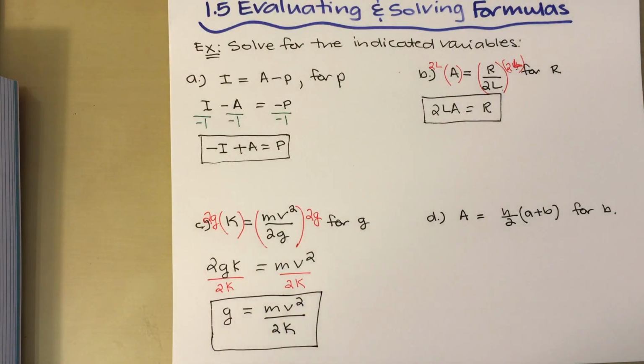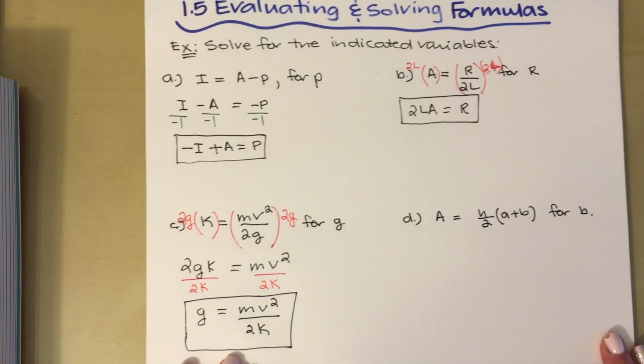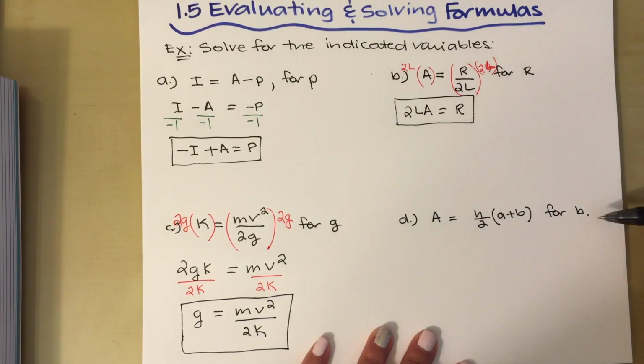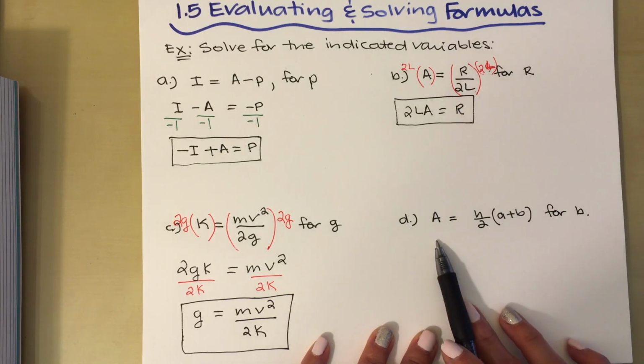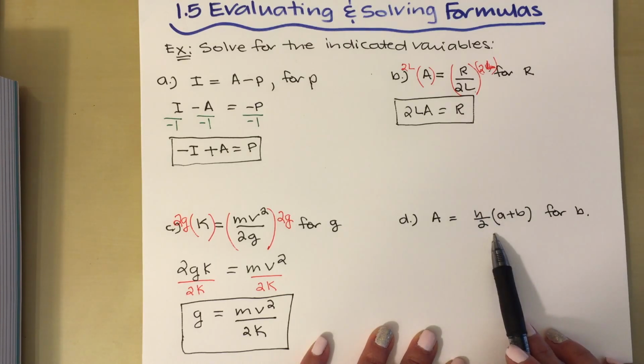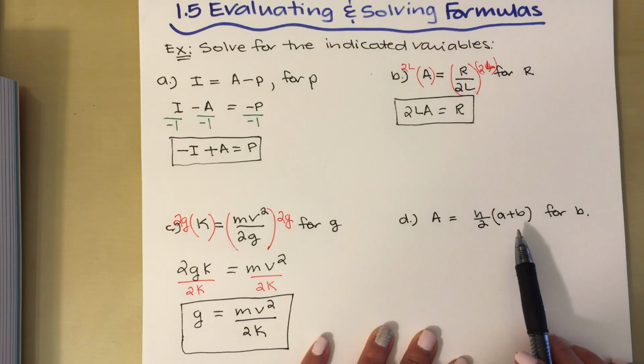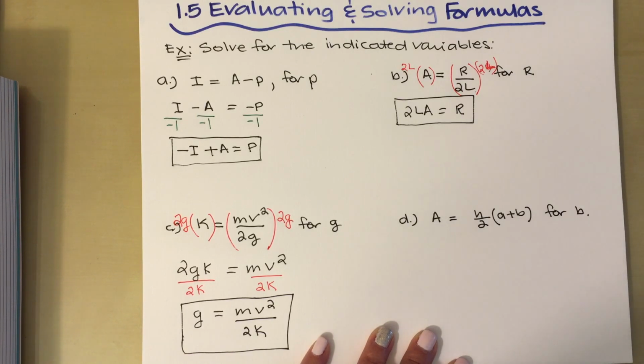Last example, we would like to solve for b. Again, since I have this fraction, what I want to do is multiply both sides by 2. You can also multiply both sides by the reciprocal 2 over h. If you multiply by the reciprocal, it eliminates one step.